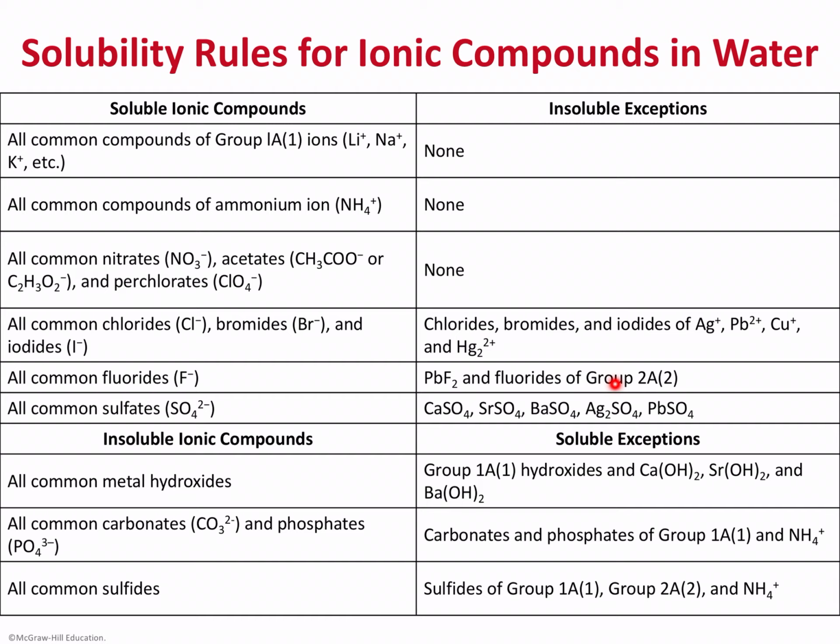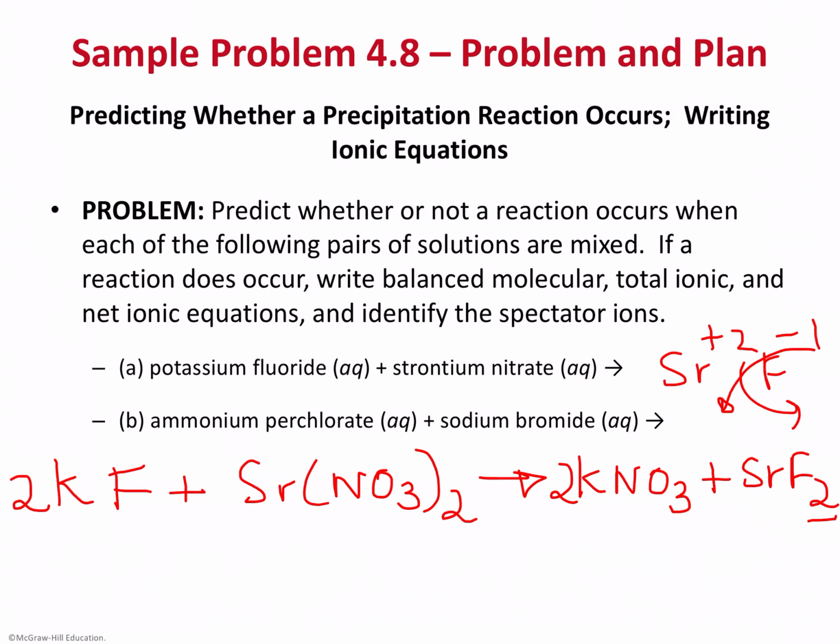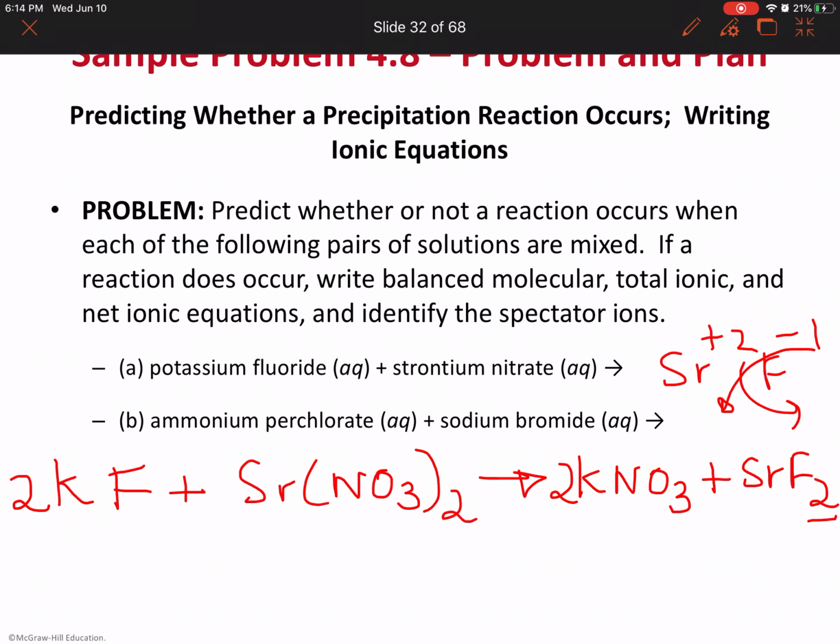So then strontium fluoride is insoluble in water. With that in mind, you can write down that potassium fluoride is soluble. For the soluble ones, you write aq. This is aq, this is aq, and strontium fluoride would be s, s here for the solid.